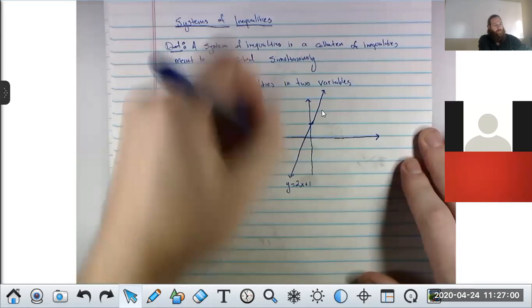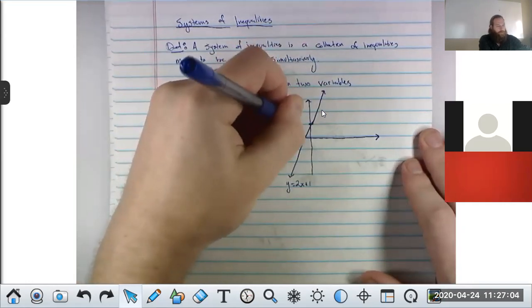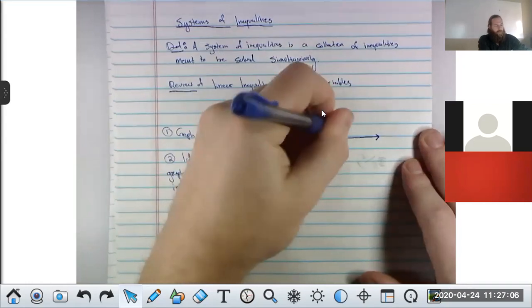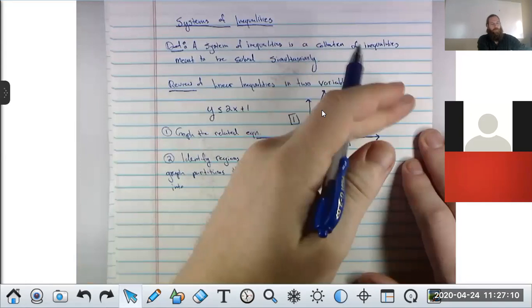So over here I have a region, maybe I call this region 1. And over here I have a region, maybe I call this region 2. Right? One is like above the line, one is like below the line.